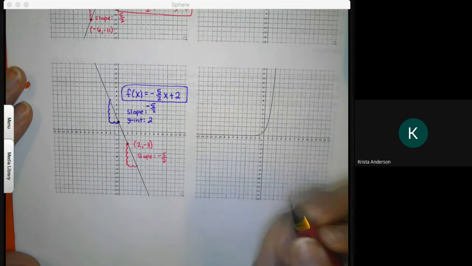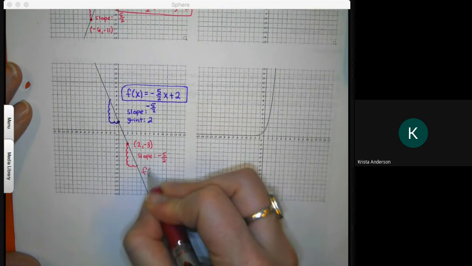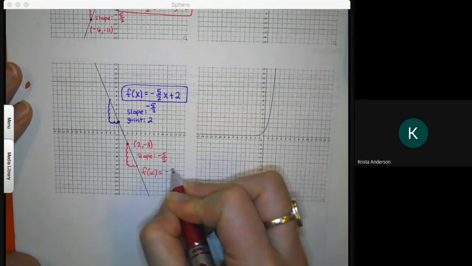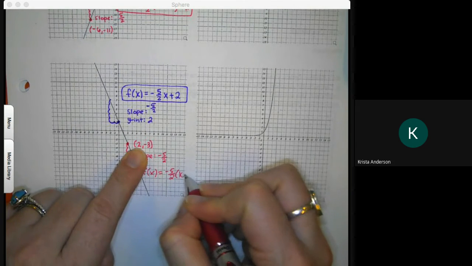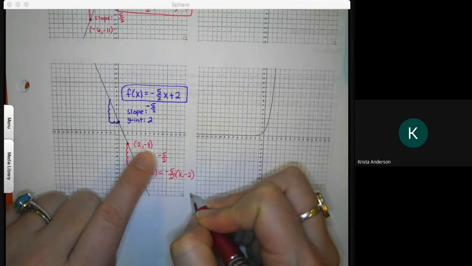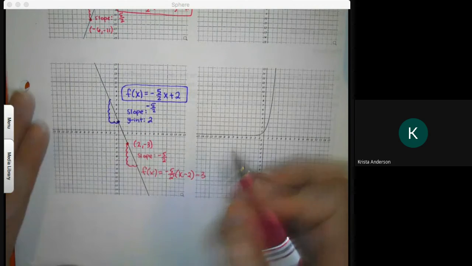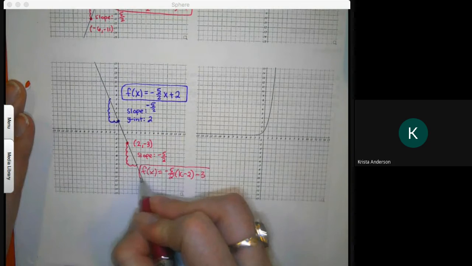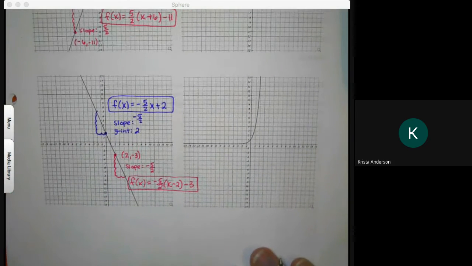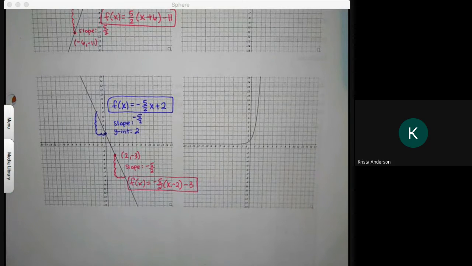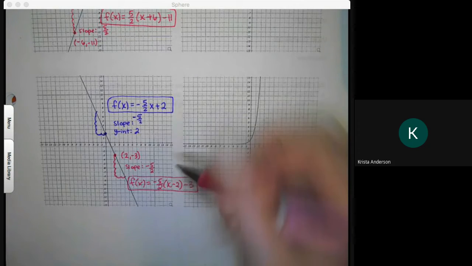Down 5/2. Slope, opposite of +2 is -2. And then the -3 is tagged on at the end. And remember, you only have to pick one version on your assignment.